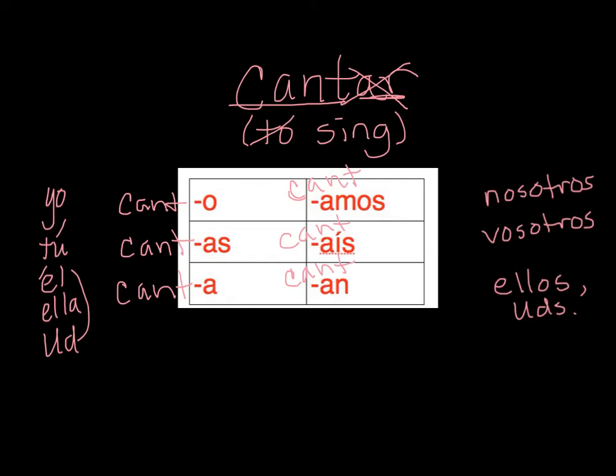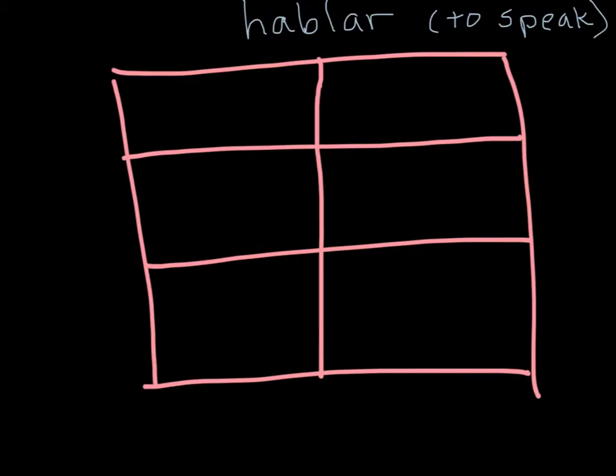Okay, so let's look at another example. This time we have the verb hablar, which means to speak. But we can't say yo hablar, because that would mean I to speak. We've got to conjugate the verb to use it with the subject.